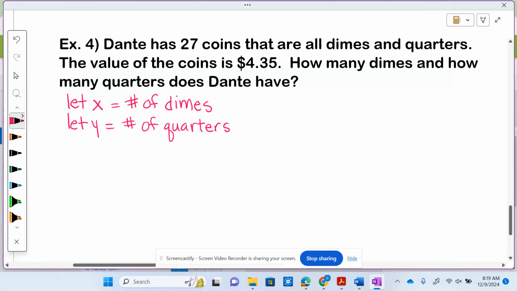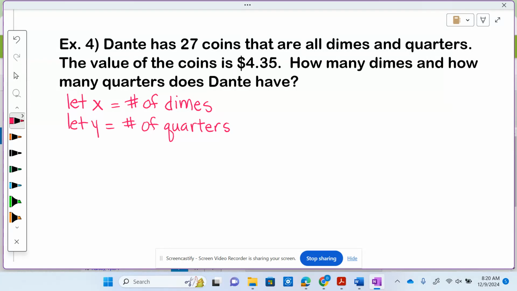All right. Let's talk about our equations. Aiden, what do you think? If you had to write the first equation, how many coins does he have altogether?